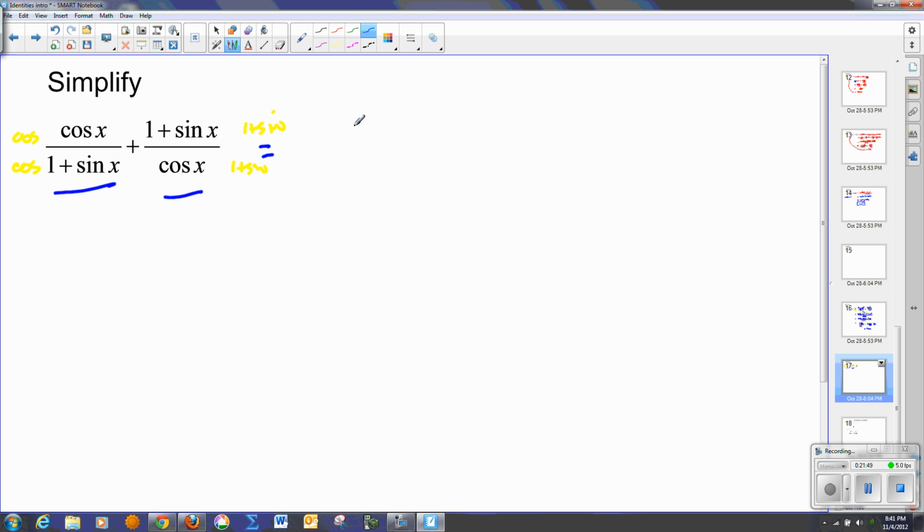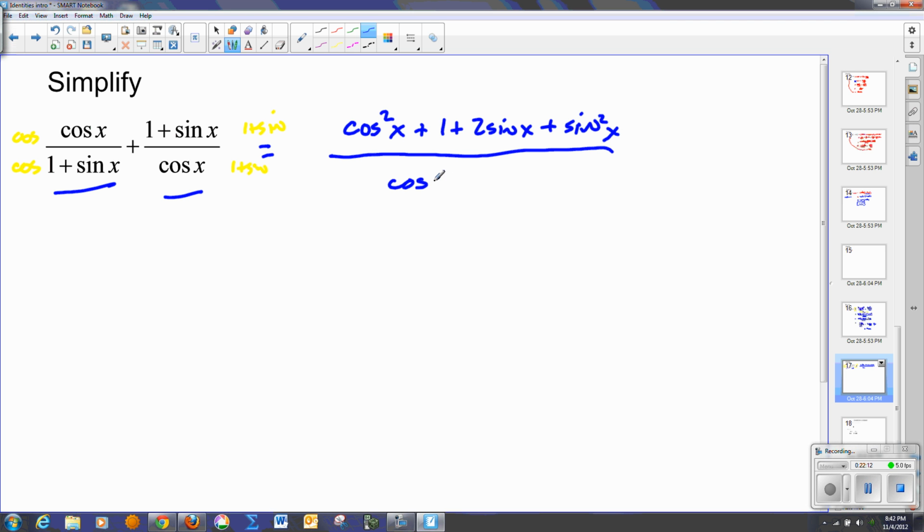So this gives me cosine squared. I have to FOIL 1 plus sine by 1 plus sine. I get 1 plus 2 sine plus sine squared over, I'm going to keep this as a product rather than multiplying it out because I'm hoping something will reduce.